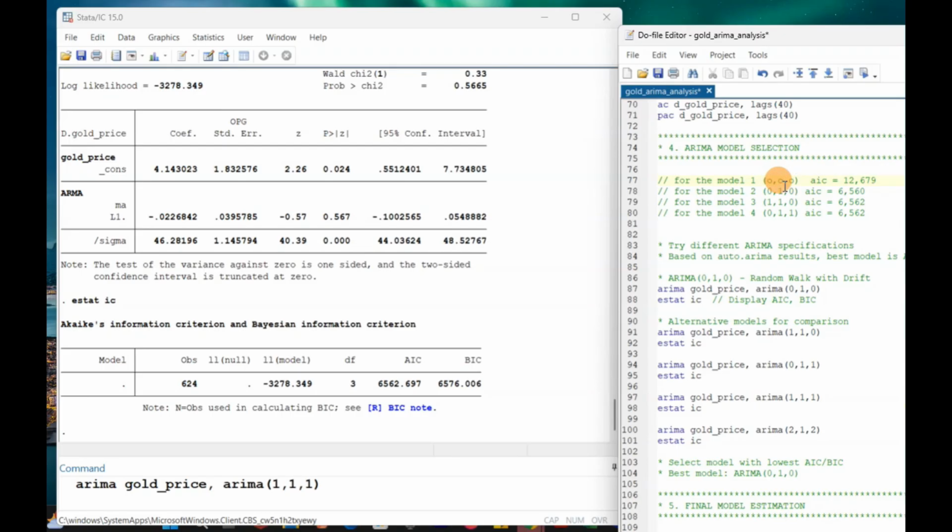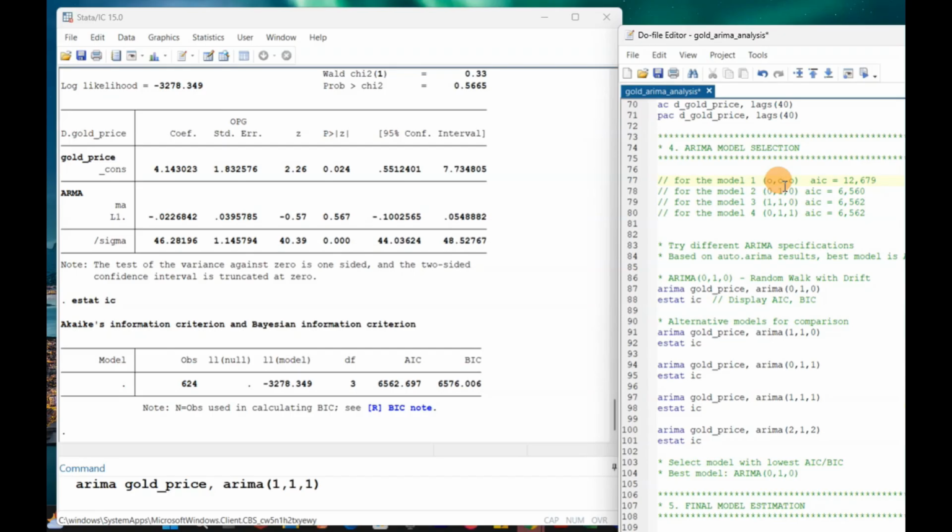The fifth model is 111, and it gives this AIC of 65, 63.